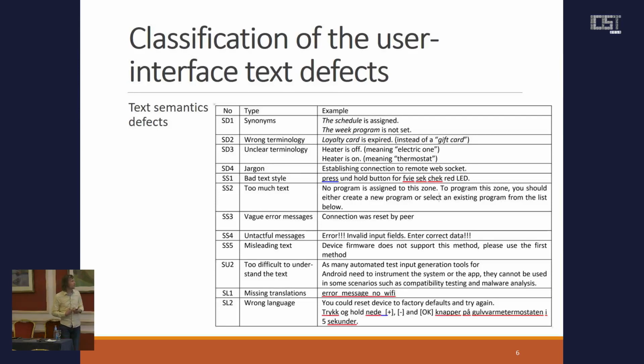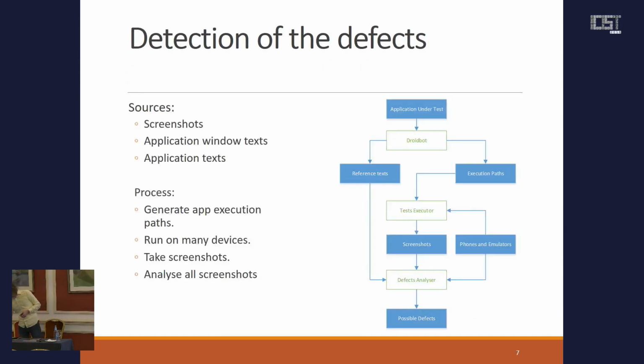As I saw, my developers really love to use those kinds of messages, and always when deciding whether to allow the application to go forward to the release or not, I'm saying, oh guys, please just at least delete those exclamation marks. It's very offending to the end users. So this is another type of issues. So we have kind of a big list of possible defects which is related to the application's text.